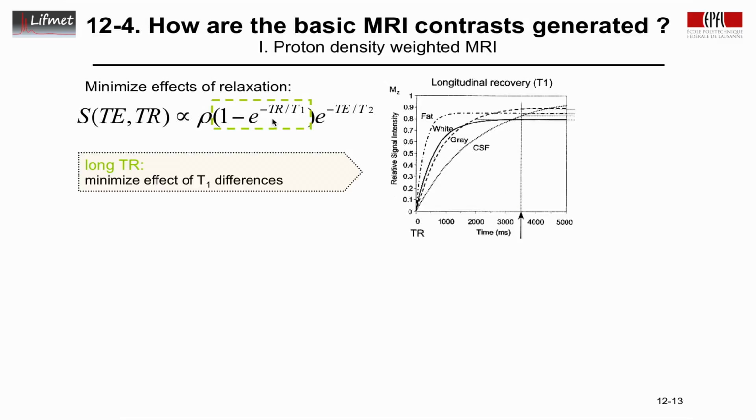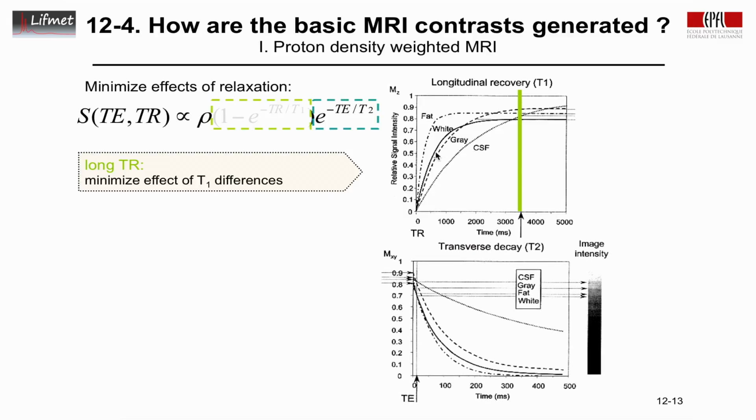And let's pretend we have been good at that. So by measuring here, we can neglect the effect of T1. We'll just say this term becomes 1 and we'll neglect its effect. Now we're left with the exponential decay, this term here, and we look at the signal decaying as a function of T2.